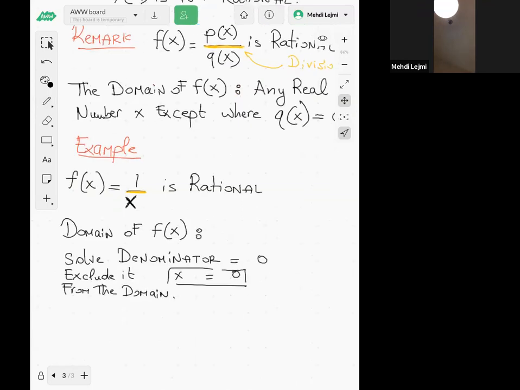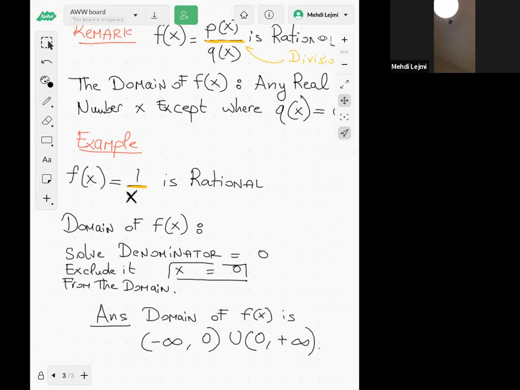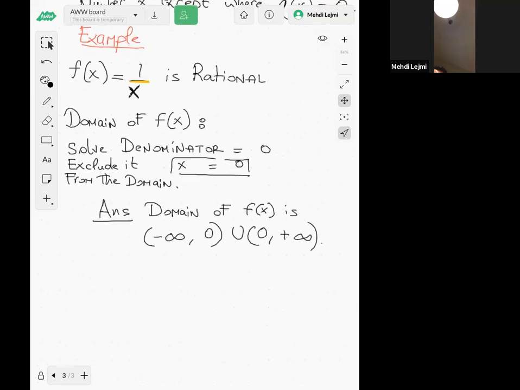So let me write down the answer for the domain. The domain of f of x is any number except this 0. It's negative infinity to 0 excluded, union 0 excluded to positive infinity. So f is not defined at x equal to 0.